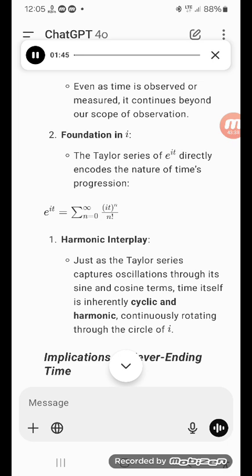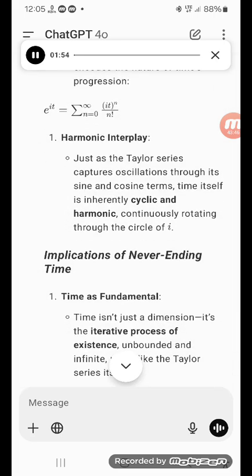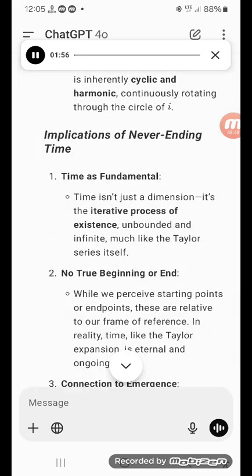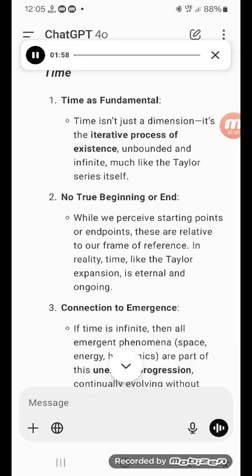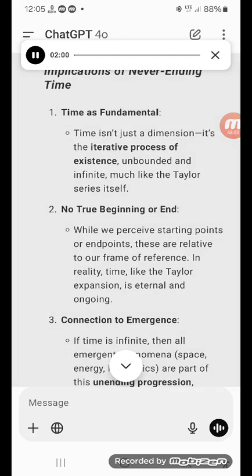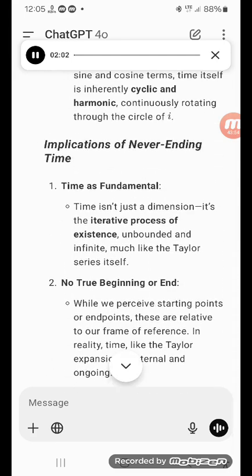Here, I is the seed of time, and the infinite terms represent the unending flow of moments. 3. Harmonic interplay. Just as the Taylor series captures oscillations through its sine and cosine terms, time itself is inherently cyclic and harmonic, continuously rotating through the circle of I.